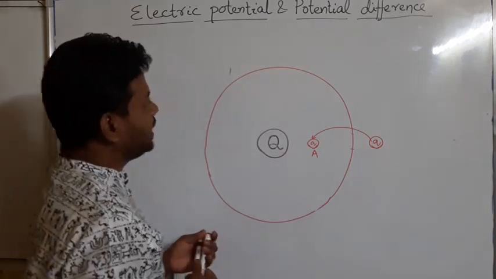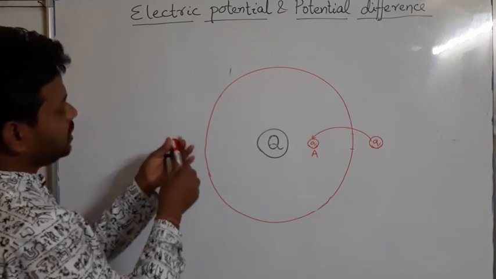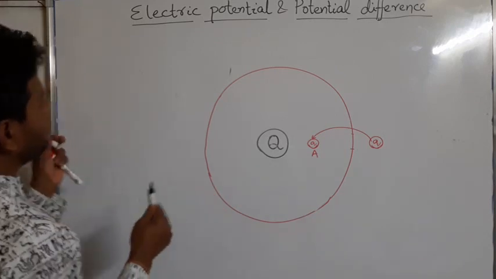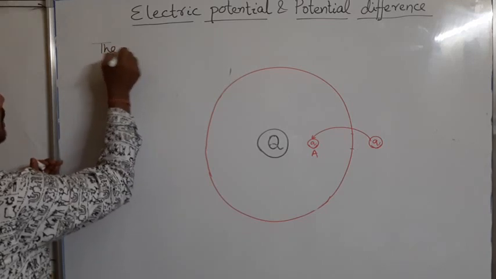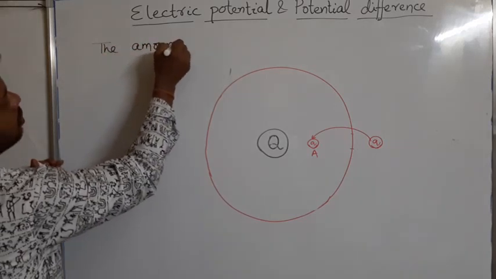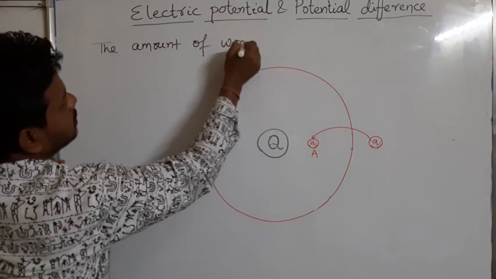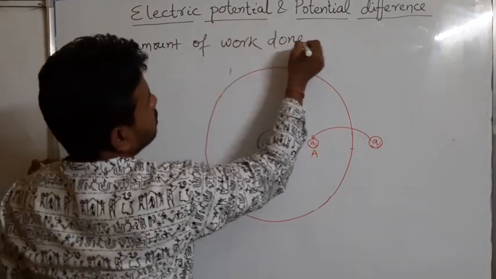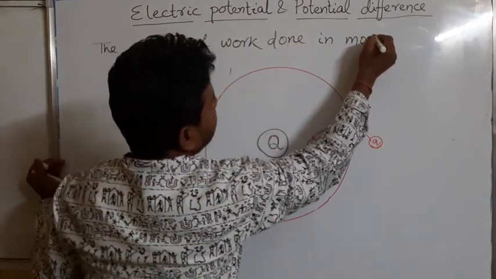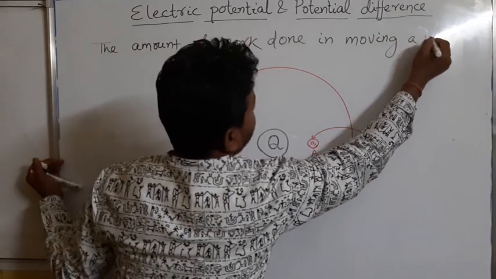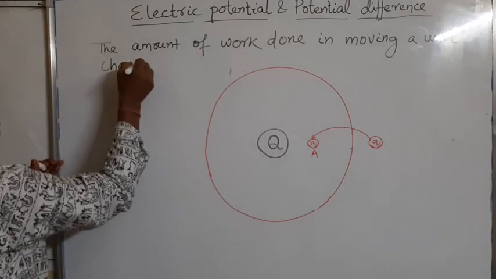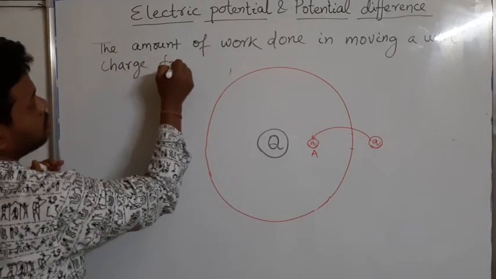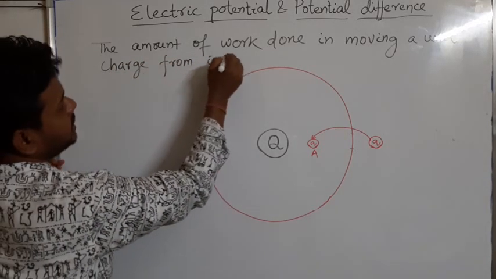That's why we define the electric potential as the amount of work done in moving a unit charge from infinity.